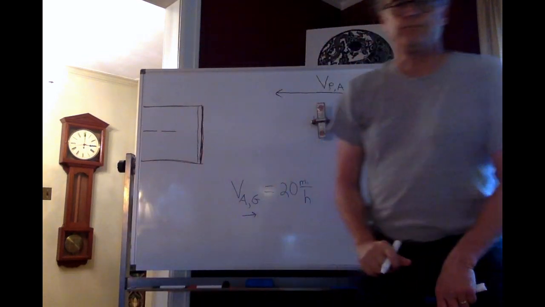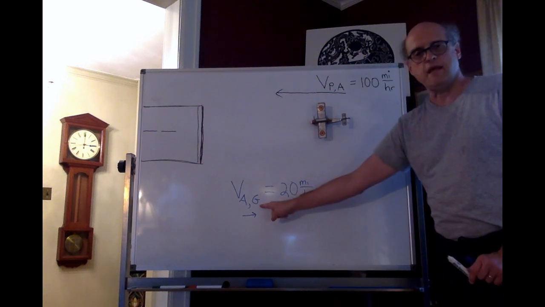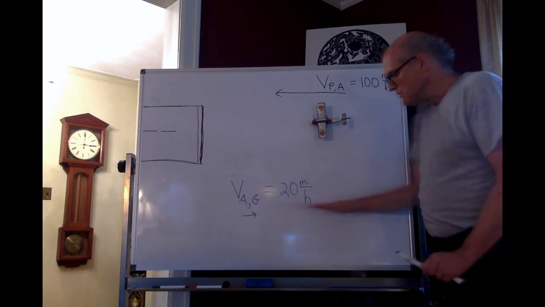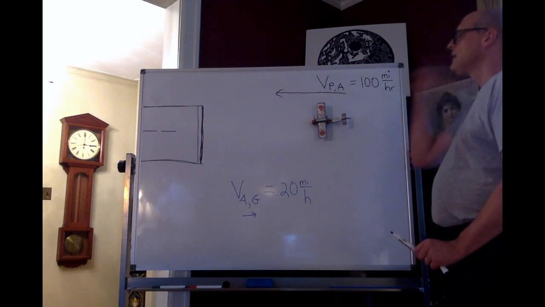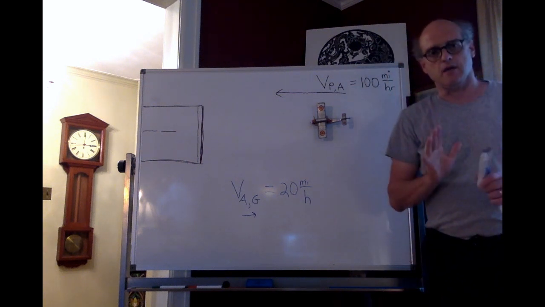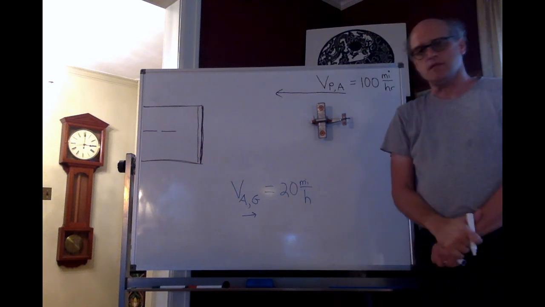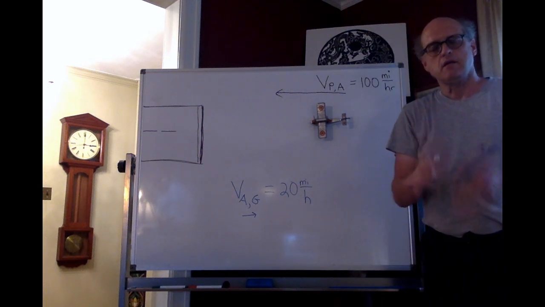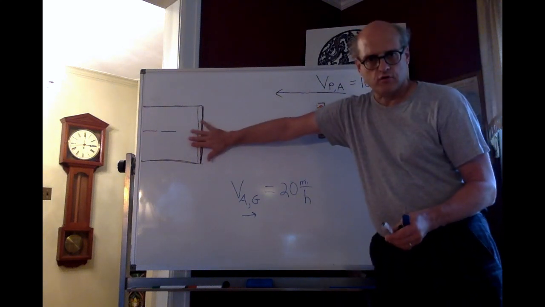There, that looks better. So we have VPA and VAG. The air is moving this way, and the plane has to fly at 100 miles per hour relative to the air. Now, if we combine these two velocities, we will get the velocity of the airplane relative to the ground.